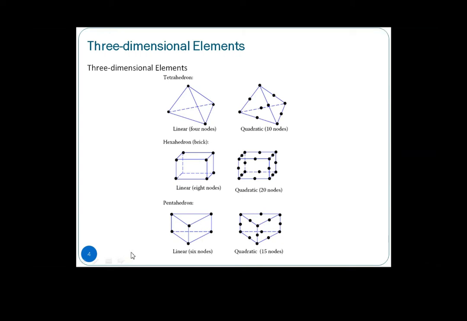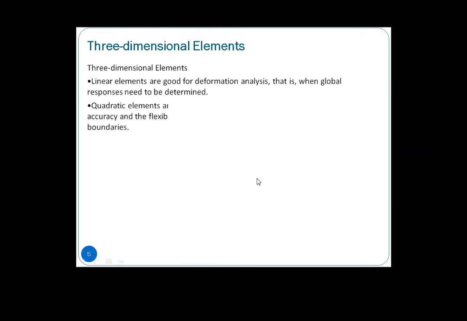But in the case when, after it is discretized, some shapes cannot be discretized using these, some programs or software will make use of this pentahedron to discretize your models. All right.